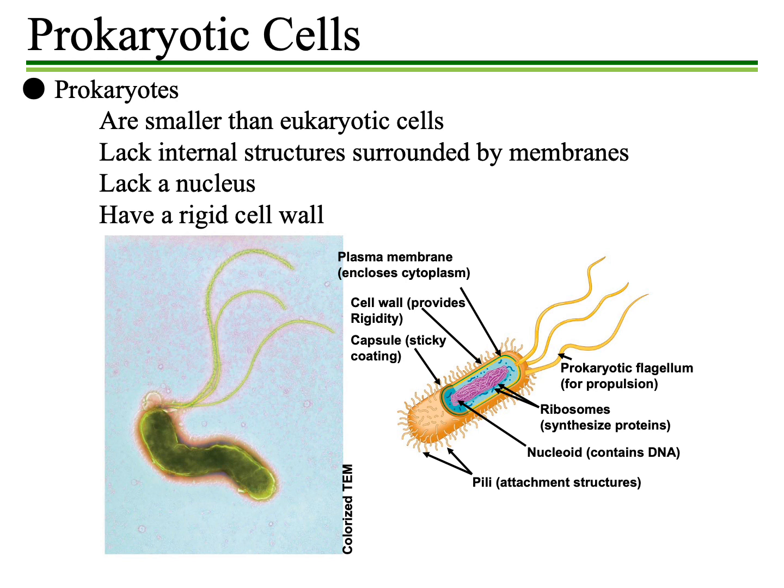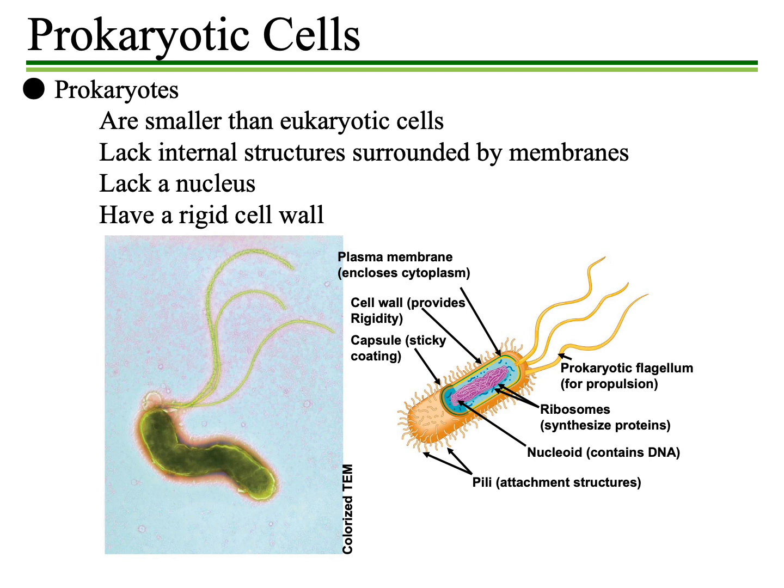So just to recap a little bit, bacterial pathogens are in fact prokaryotic cells. They are typically smaller than eukaryotic cells. They lack internal organelle structures that are surrounded by membrane. They also lack a membrane-bound nucleus. And bacteria also have rigid cell wall structures.